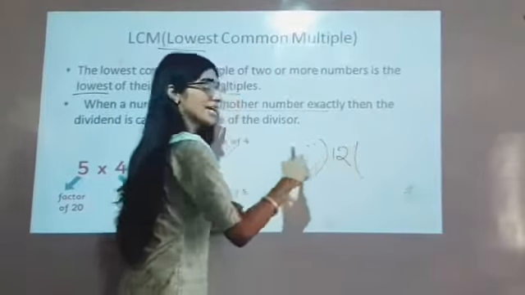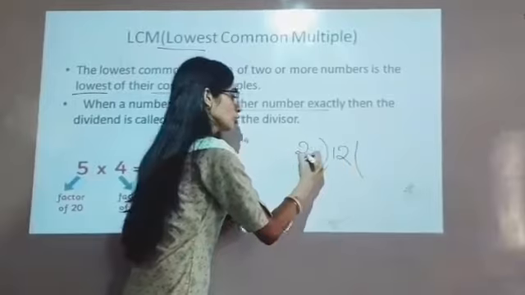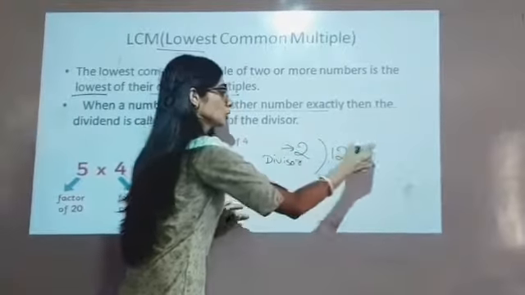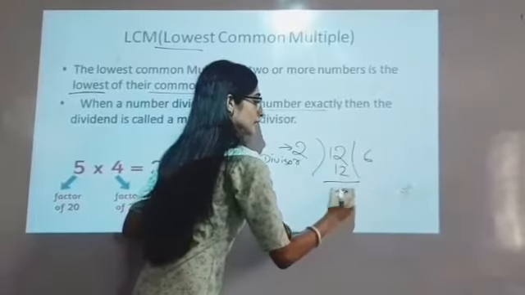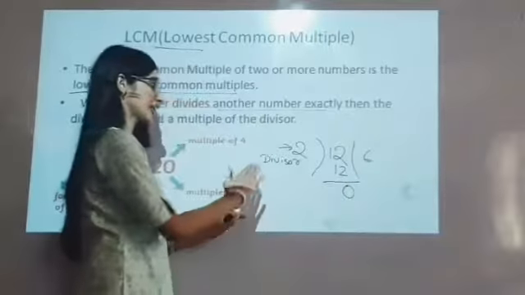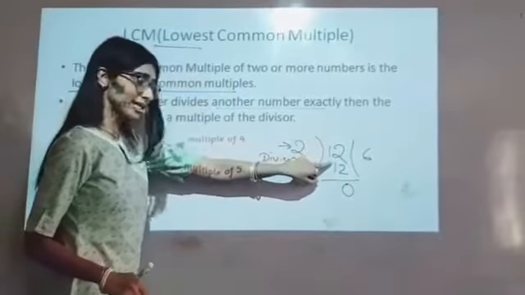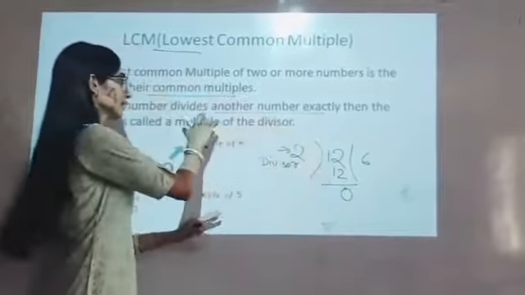Now 2 divides 12. 2 sixes are 12, so 0 as remainder. That means we can say that 2 divides 12 exactly.